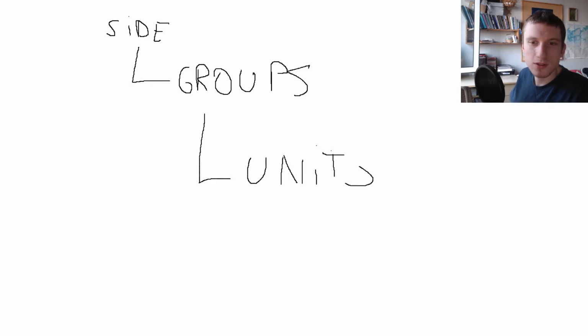Right, so I have the side list, like west, east, resistance. And when side is changed, there needs to be an updated list of groups. When groups are updated, then the list of units needs to be refreshed.